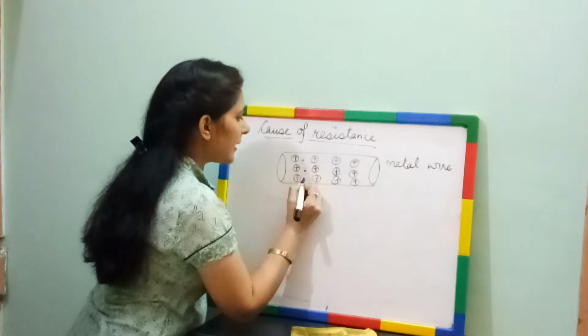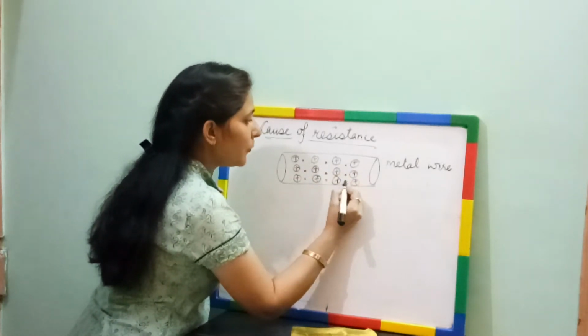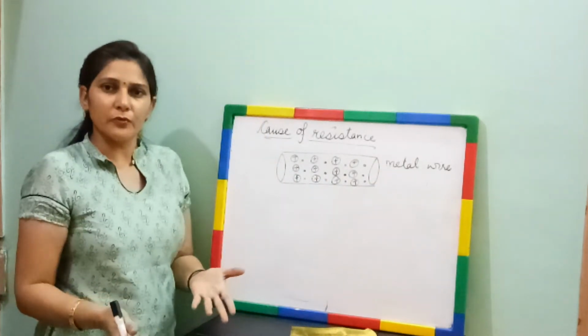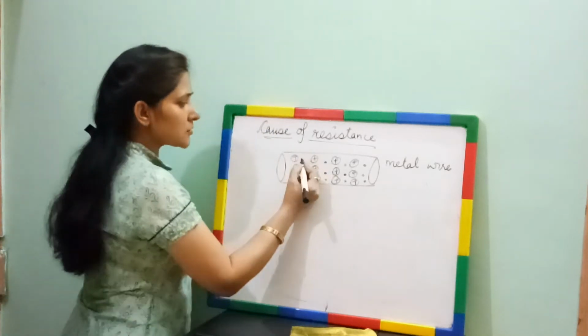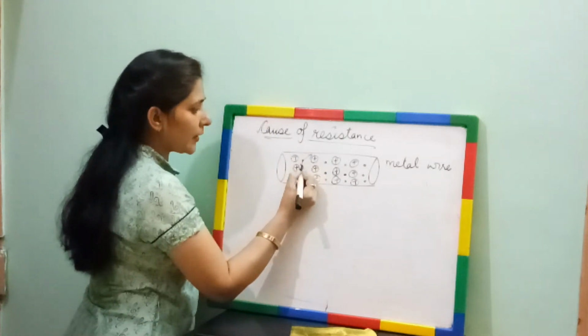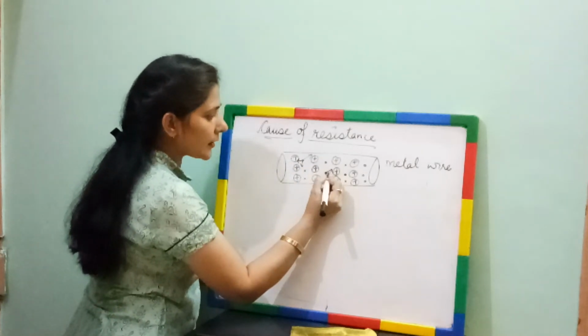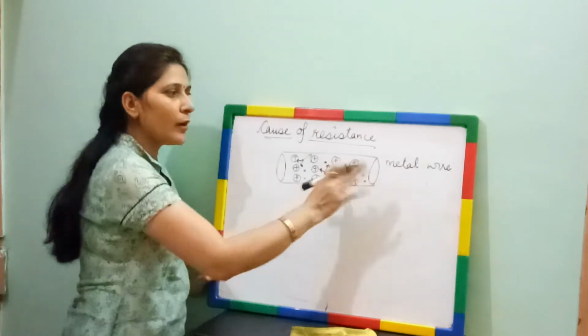These are the electrons present. Now what happens when there is no potential difference? That means electrons are free to move in any direction. They are moving randomly. Suppose this is the electron, it may go here, it may go here, it may go this side. Wherever they wish, they can go anywhere.